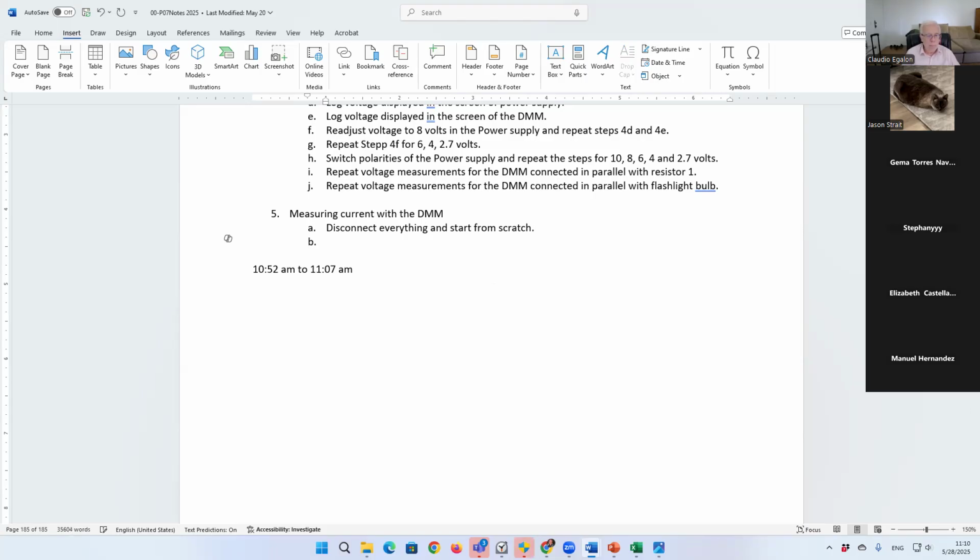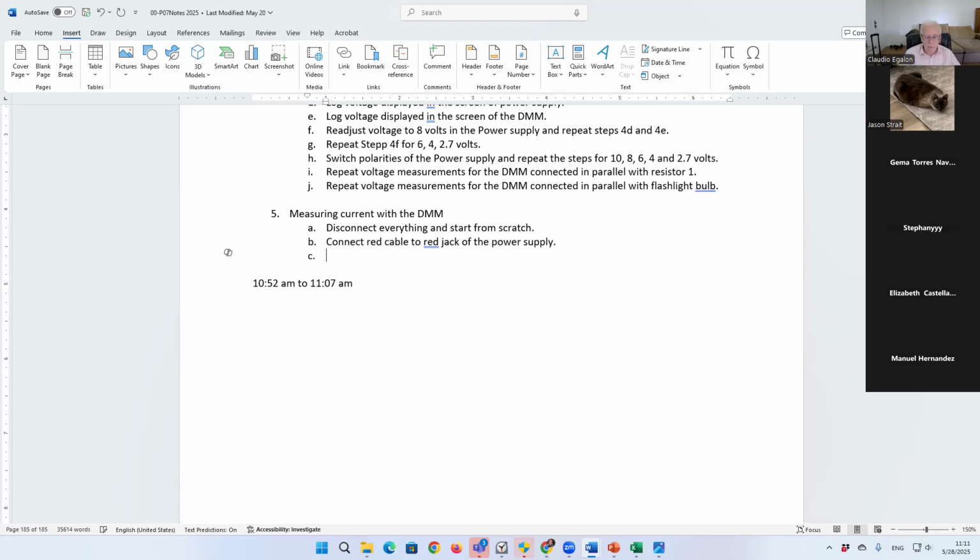Okay. Power supply. Connect the red cable to the red jack of the power supply.